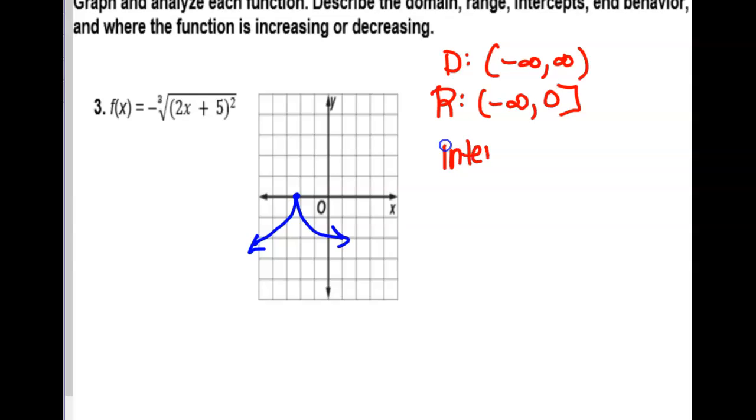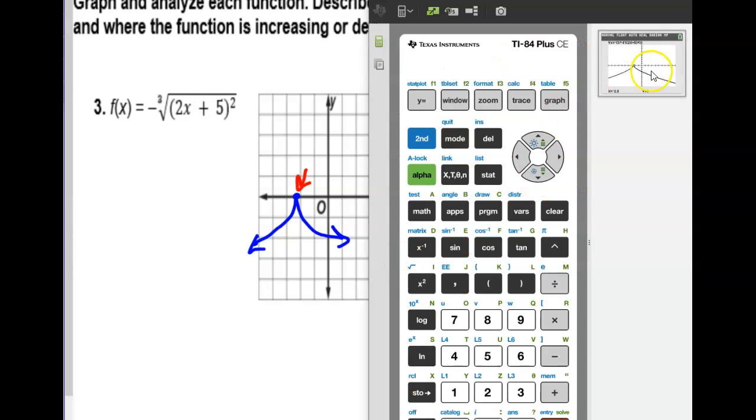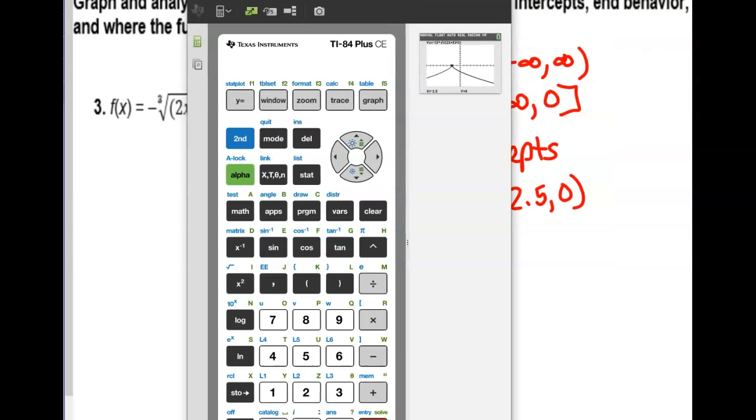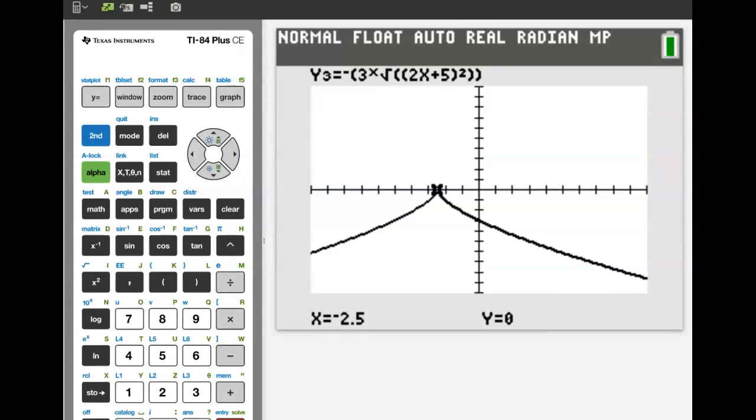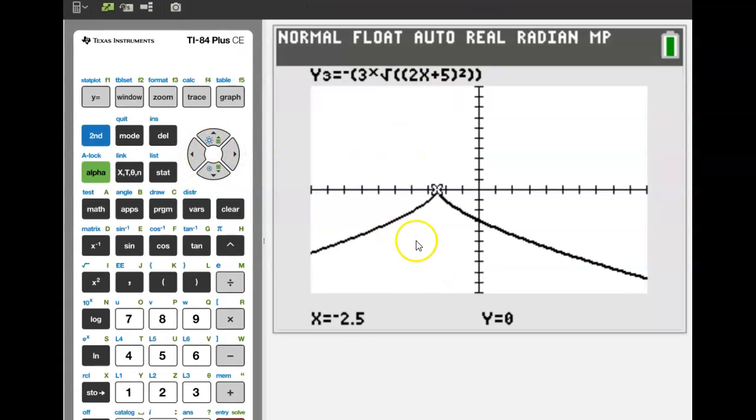Intercepts. This is the one students get wrong because you have to find them. This one is -2.5. So the x-intercept is at -2.50. But the y-intercept, it does cross the y, right? How do you find the y-intercept on any graph? That's interesting. How do you find the y-intercept, guys?